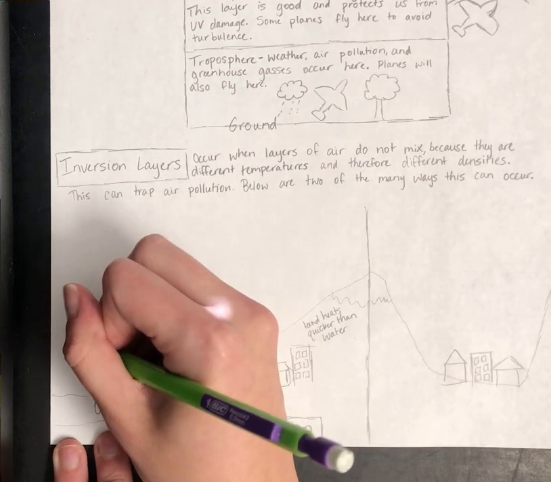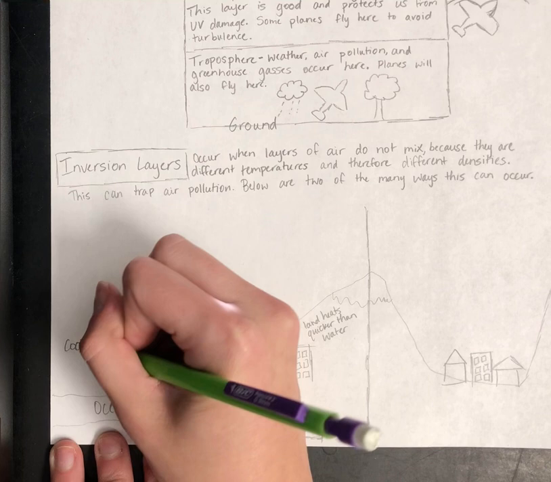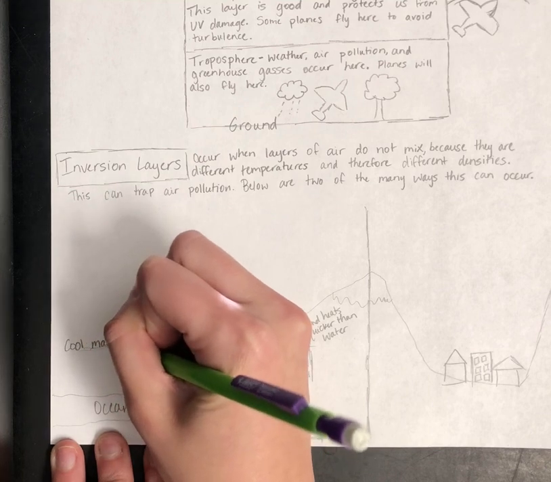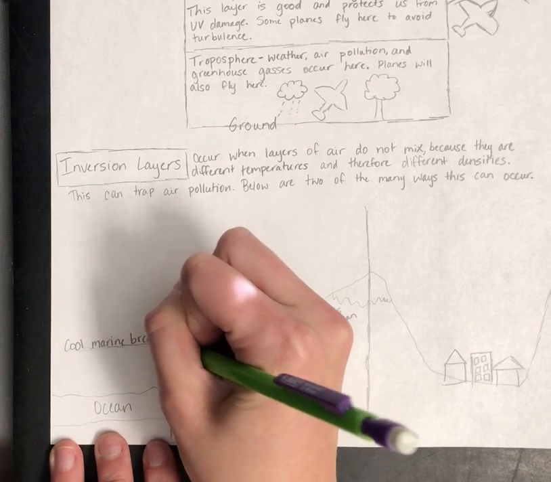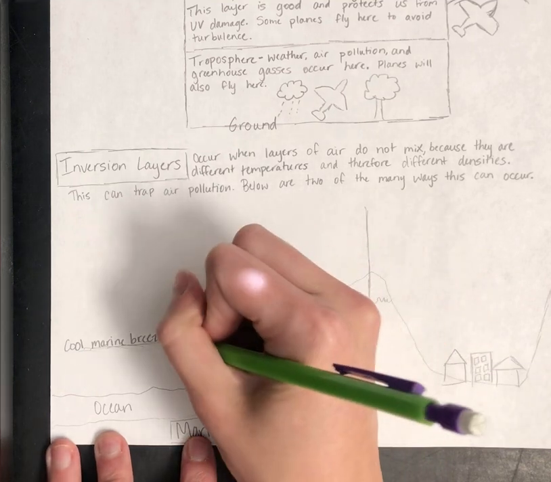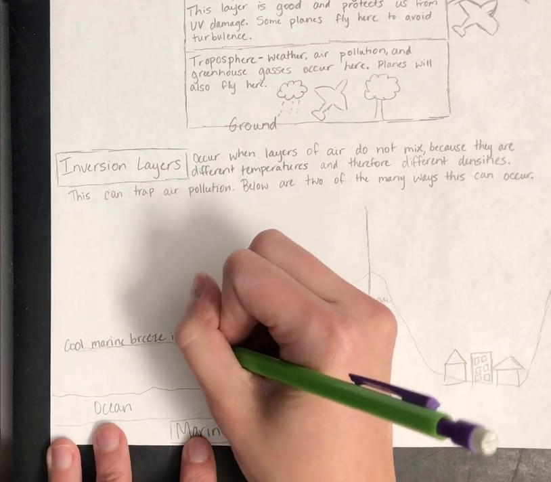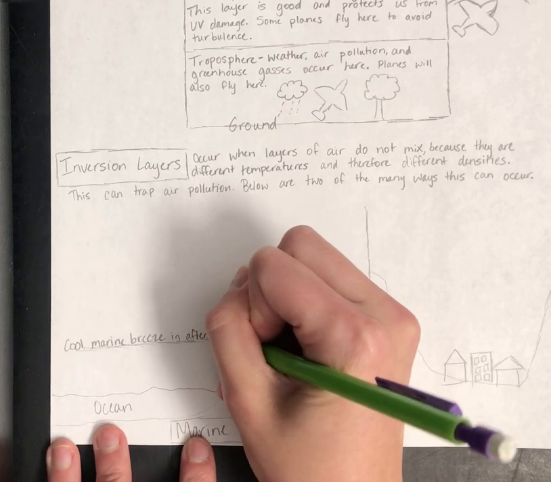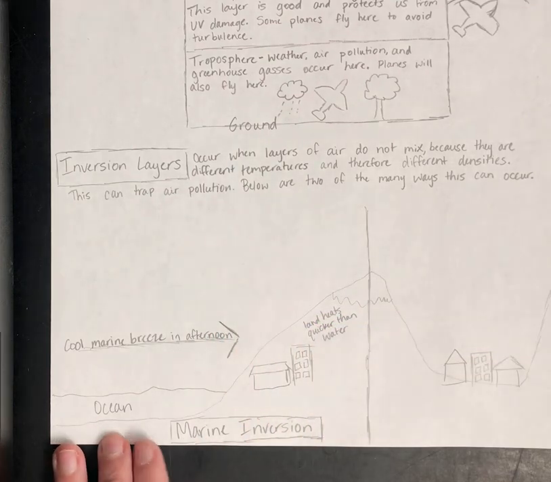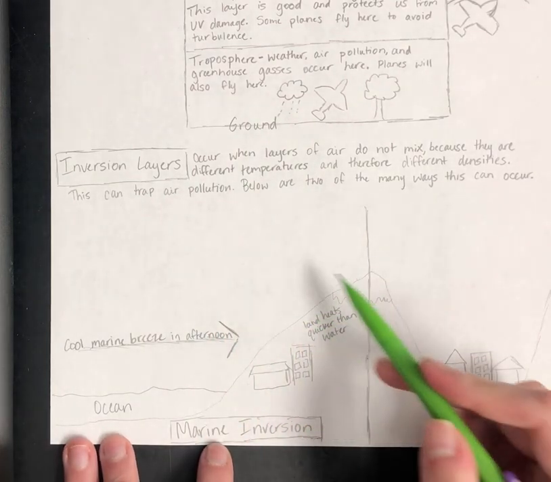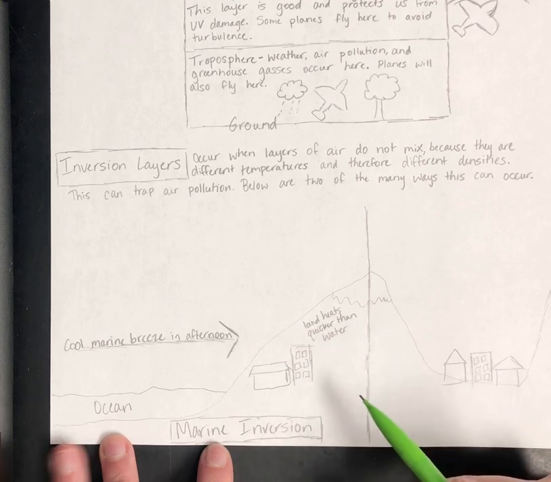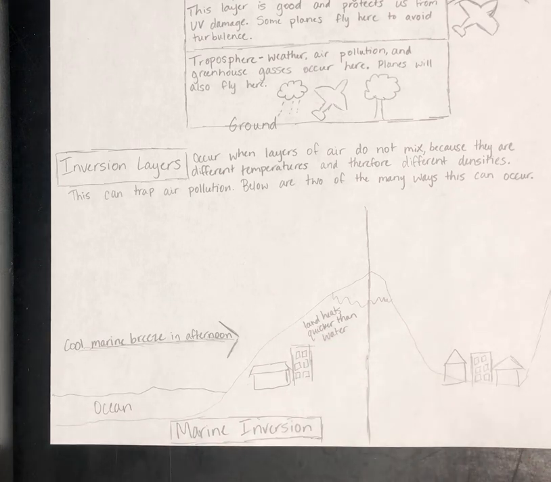Okay, so this is going to be our cool marine breeze in the afternoon. Okay. And then since our area over here on the land, it's been daytime all day.